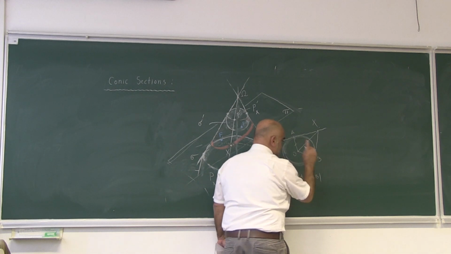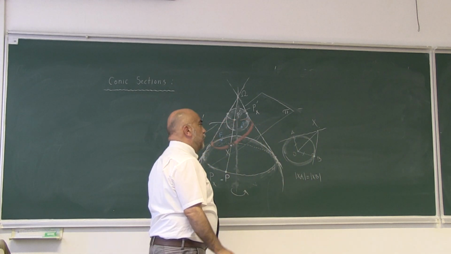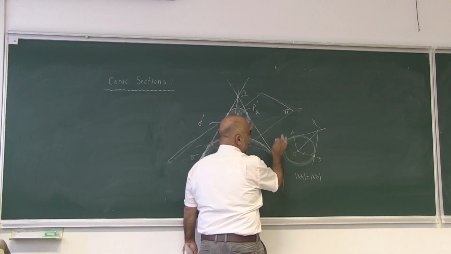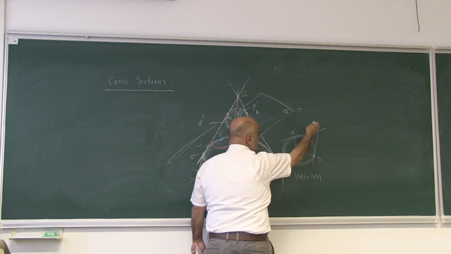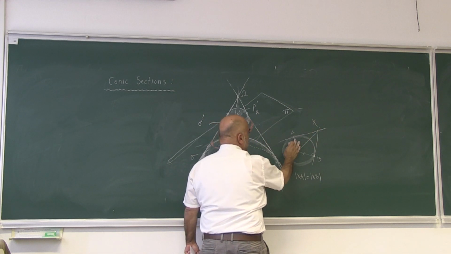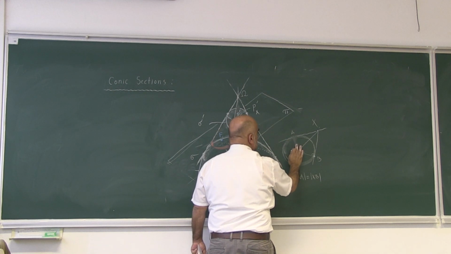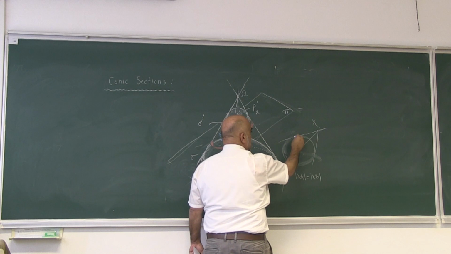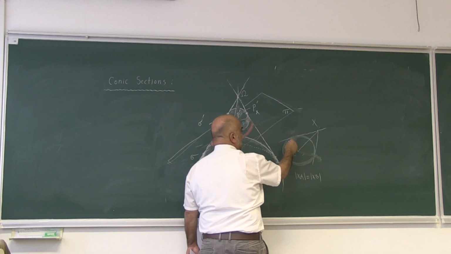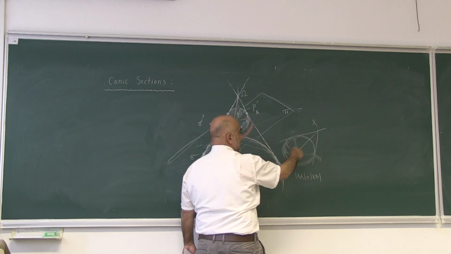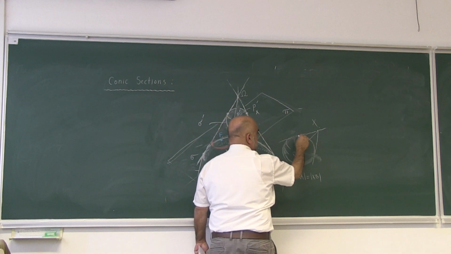Now, I want you to imagine the following. What happens if you rotate this whole picture about the straight line joining X and O? If you do that, then this circle will become a sphere. Can you imagine that? The circle will become a sphere.